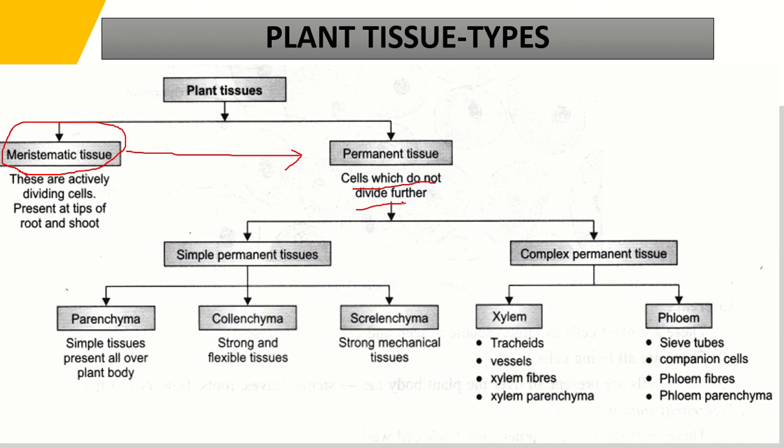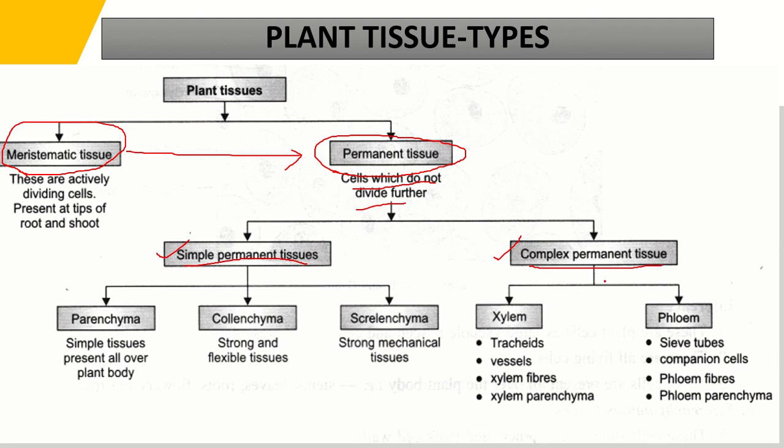Okay. Then this permanent tissue will be divided into two types on the basis of composition. If the tissue is made up of the same kind of cells, it is called simple permanent tissue. And if the tissue is made up of different kinds of cells, it is called complex permanent tissue. Okay.